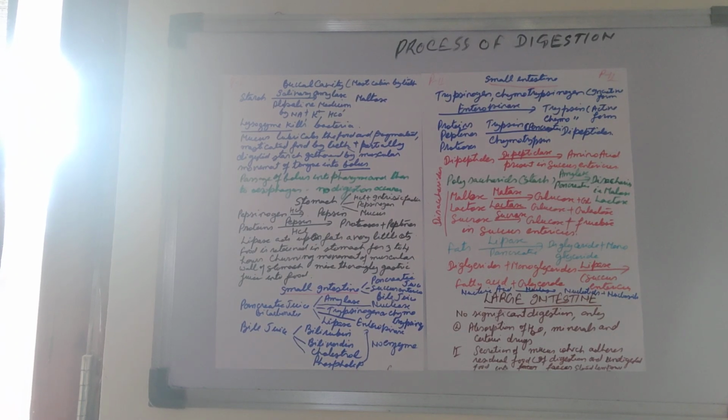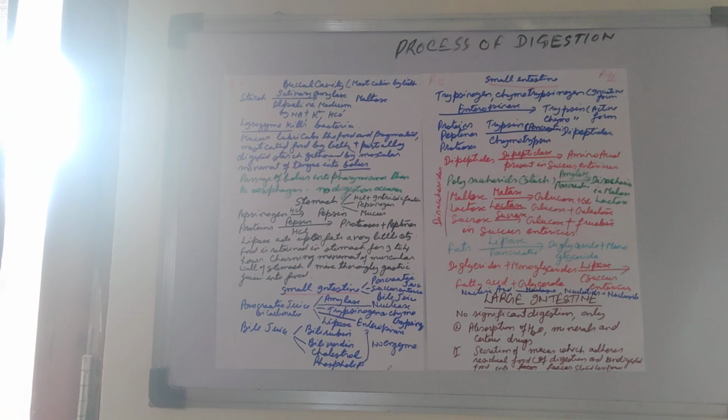So what are those? First of all, disaccharides, which are formed by the pancreatic juice as well as in the buccal cavity. They are acted upon by disaccharidases. Maltose is acted upon by maltase and converted into glucose plus glucose.